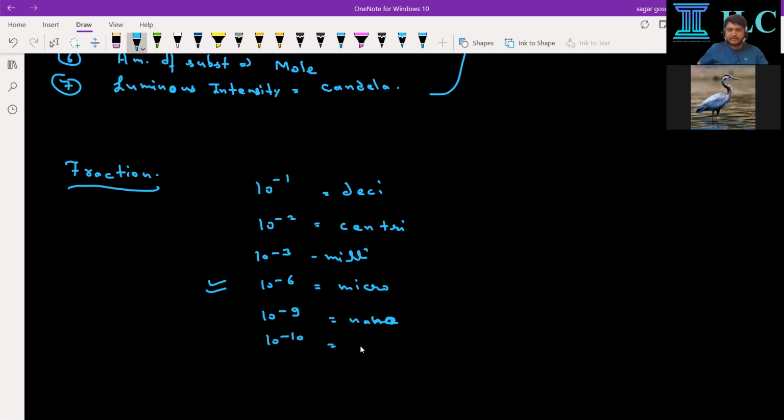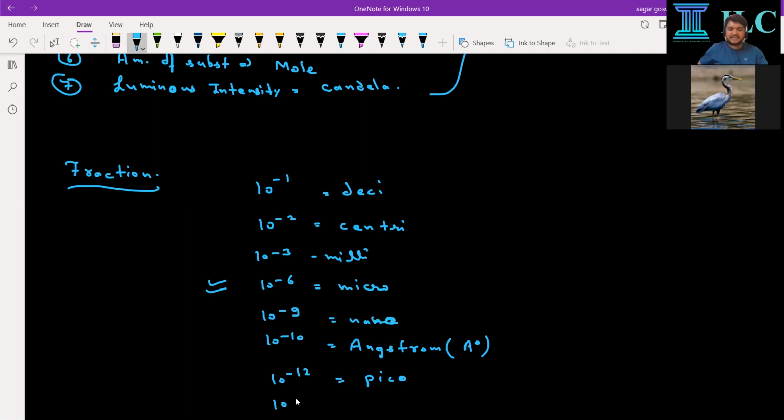10 raised to minus 10 is angstrom, represented as A naught. 10 raised to power minus 12 is pico.